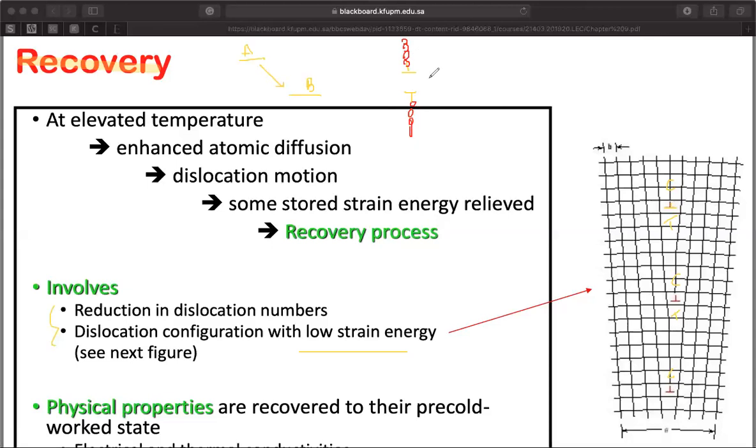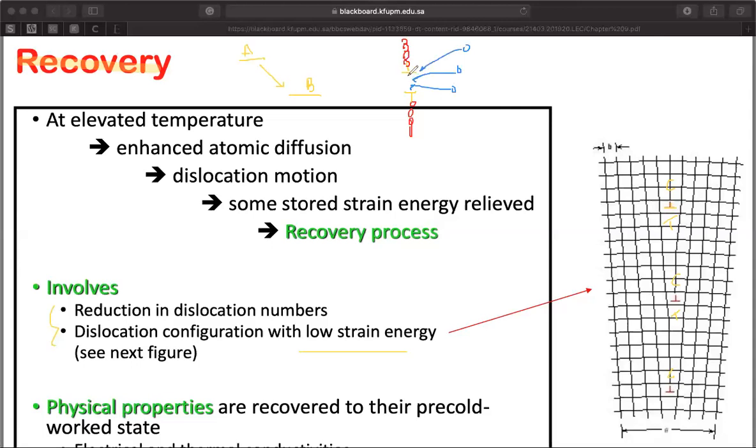So the material will say, now, if I have enough energy to move atoms from different places, we don't want to answer the question of which places, but let's say if I have enough energy to move atoms from the material from different places to bring them here, where you have a vacant position, then what's going to happen?